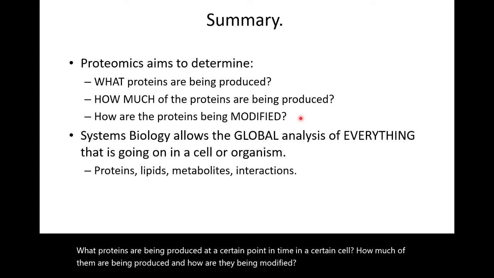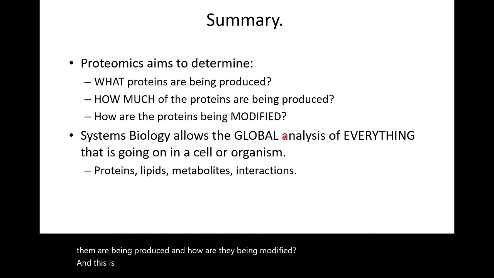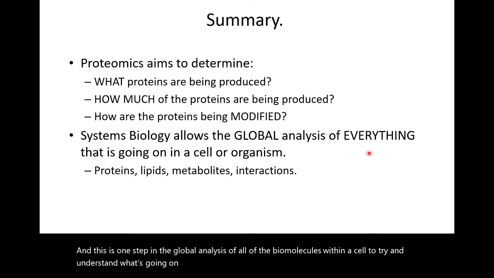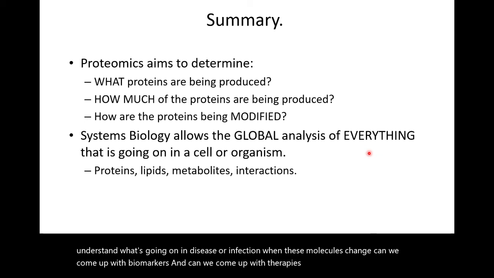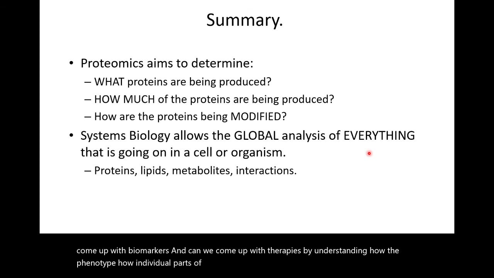And this is one step in the global analysis of all of the biomolecules within a cell to try and understand what's going on in disease or infection when these molecules change. Can we come up with biomarkers, and can we come up with therapies by understanding how individual parts of the phenotype change over time?